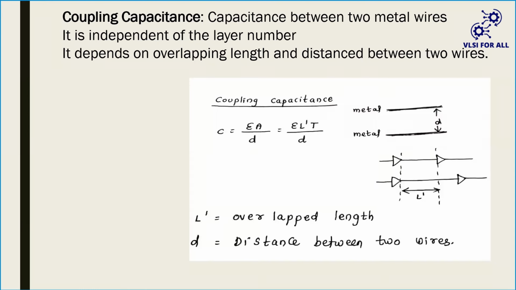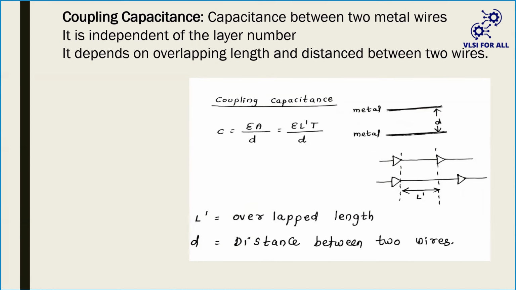Here, what we do is, we take each and every metal layer, like metal layer 1, metal layer 2, in a horizontal, vertical way, so that the overlap length reduces. Of course, between metal and metal there is a distance T, which also matters. But the point is, why are we going for horizontal, vertical routing? The reason is overlap length reduces.